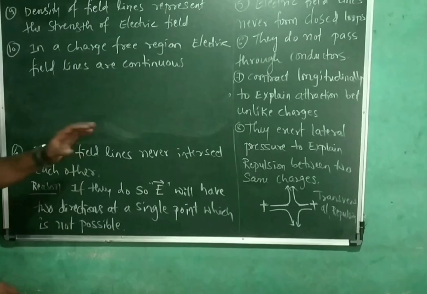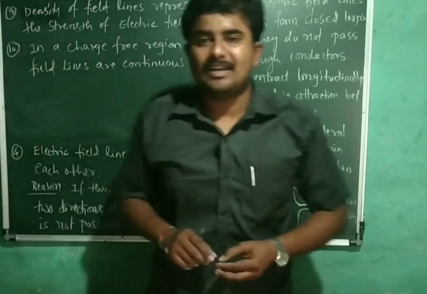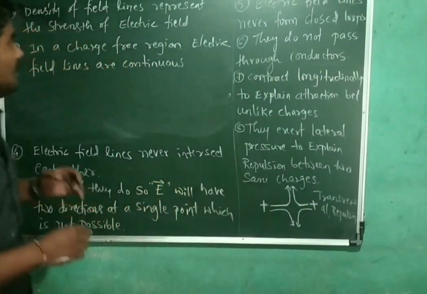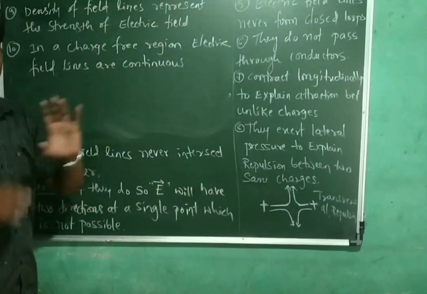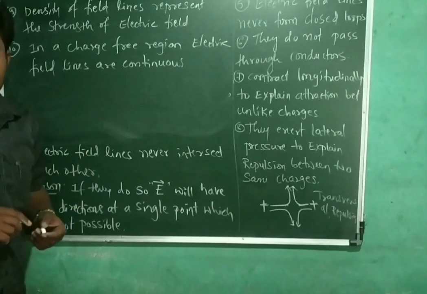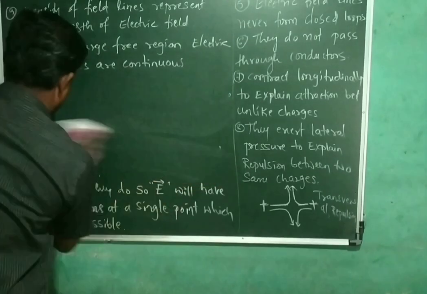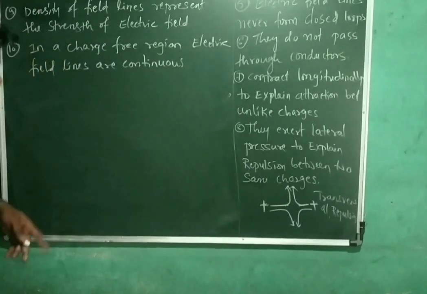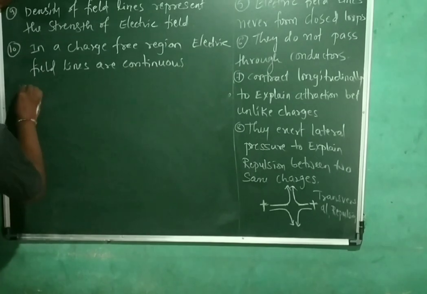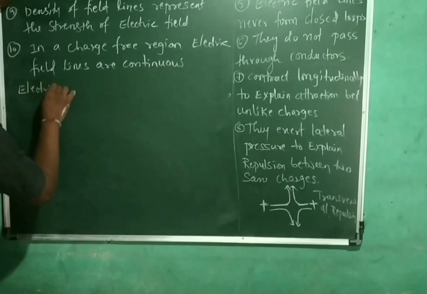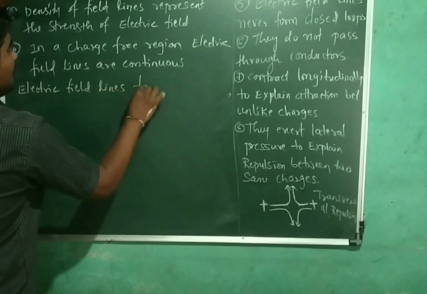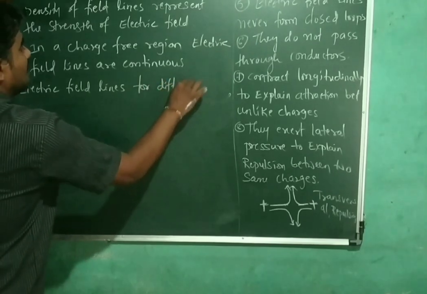So these are some of the important properties of electric field lines. Now we shall discuss the electric field lines for different types of configuration of charges, for different charge configuration.